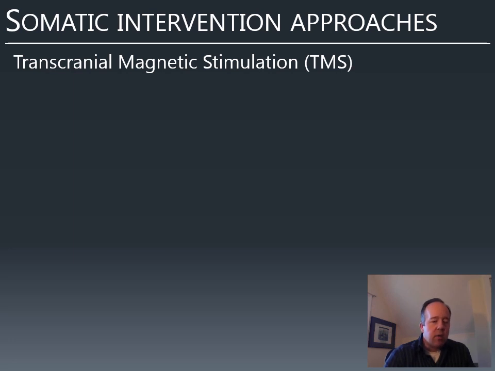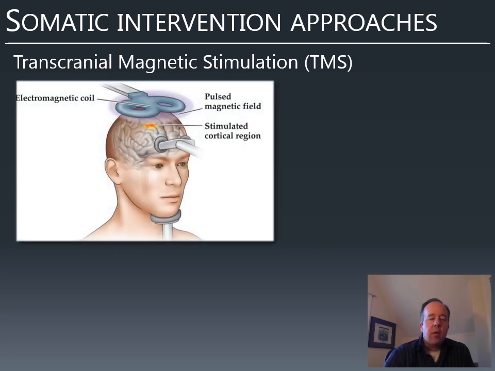An interesting and relatively new technique is called transcranial magnetic stimulation, or just TMS. What this does is, in one form, it stimulates the brain. If you do it over and over again, it actually shuts that part of the brain down. This uses electromagnetism. Any electrical field will generate a magnetic field, and a magnetic field can induce electrical current.